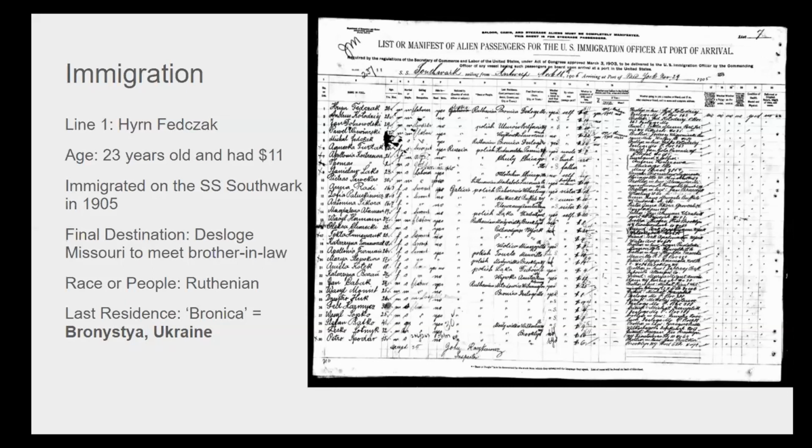So he also disclosed his previous residence, which looked like Bronica in the record. And initially searching under that spelling, it yielded no results. But after I looked a little bit deeper into some of the historical context, I established that his hometown was known as Branica, which is a little village located within Ukraine's Lviv region.